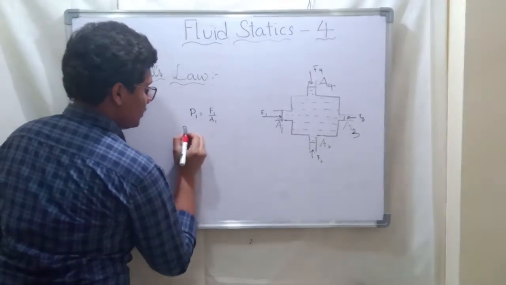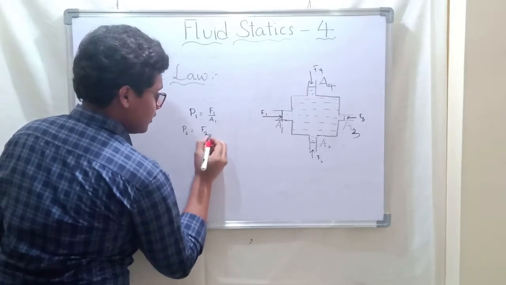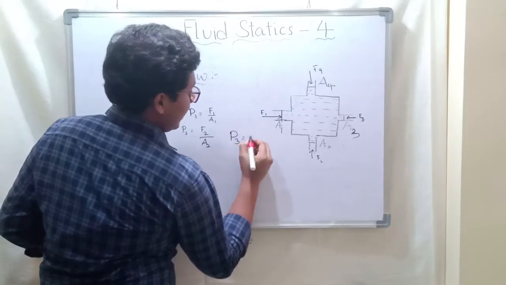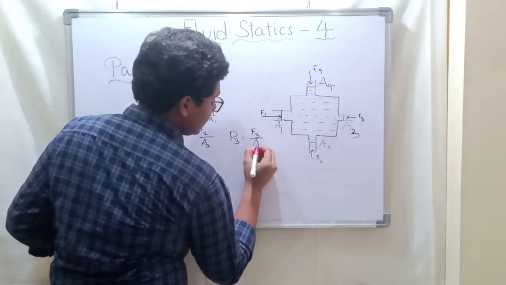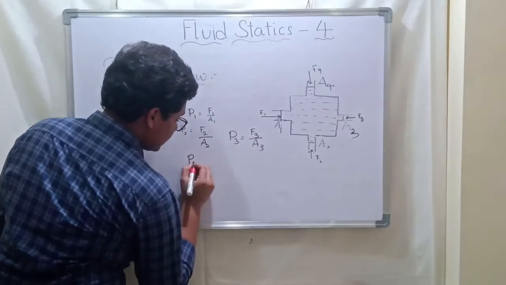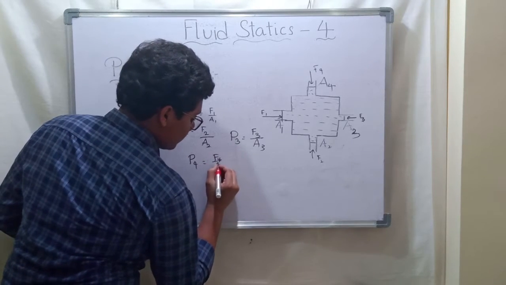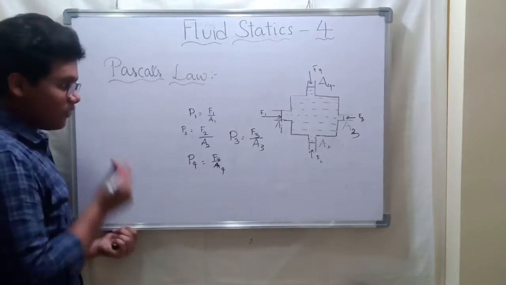Then P2 is equal to F2 by A2, and P3 is equal to F3 by A3, and P4 is equal to F4 by A4. See, F4 by A4.